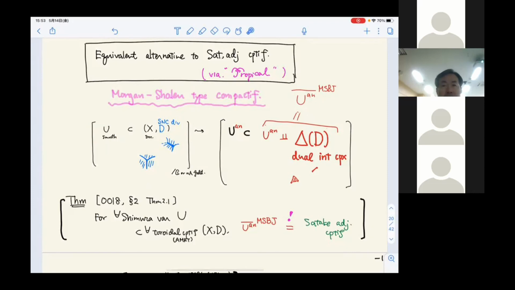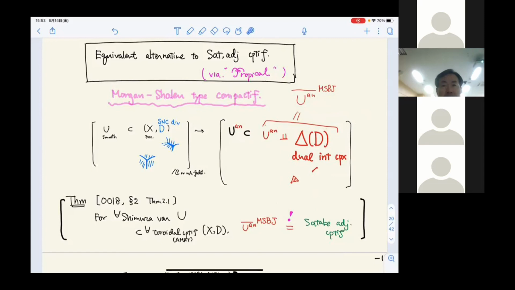Here we have 1, 2, 3, 4, 5 components, and we replace it by its dual complex. So here we get a triangle instead of this, and here we replace these 2 components by a segment. Then we take a disjoint union of the original interior and the dual complex, and we put a topology on it to make it a compact topological space.